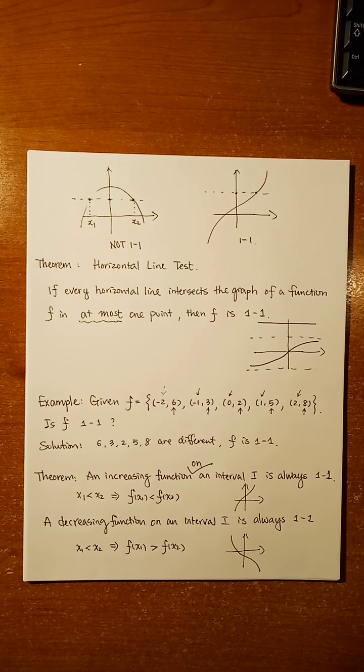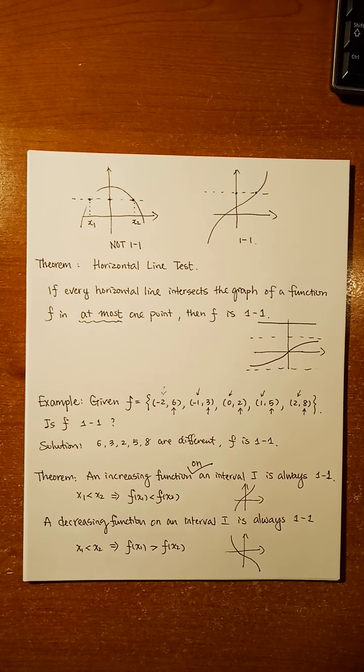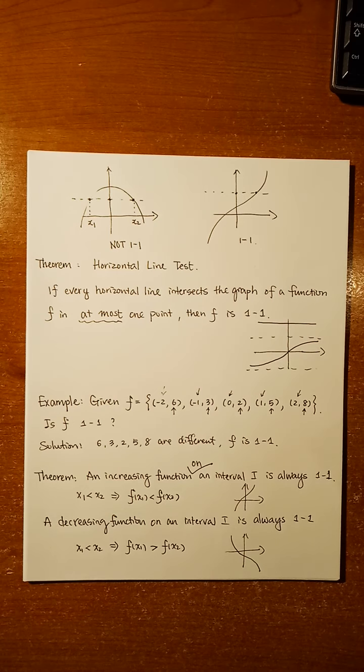Just check if you have the same output or not. If all the outputs are different, then it is one-to-one. If some of them are repeated, then it is not one-to-one. And then we also have two special cases. Increasing functions are always one-to-one. Decreasing functions are always one-to-one.